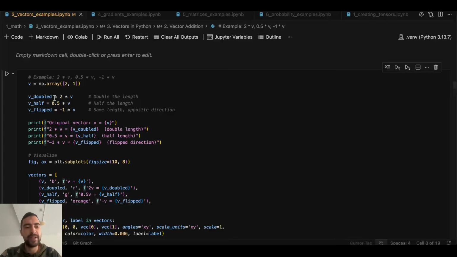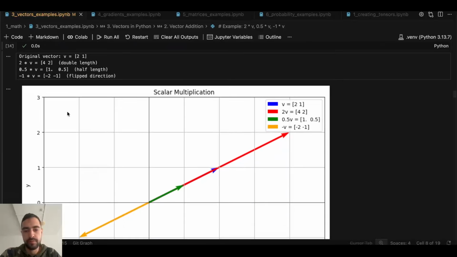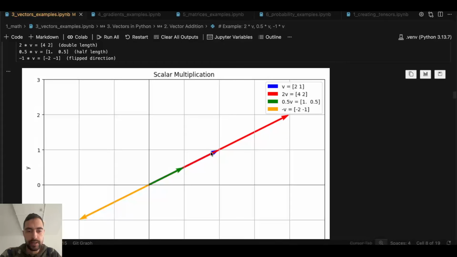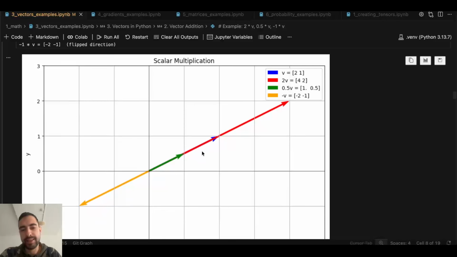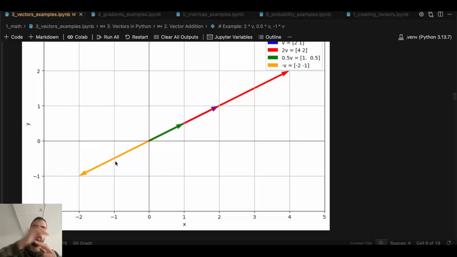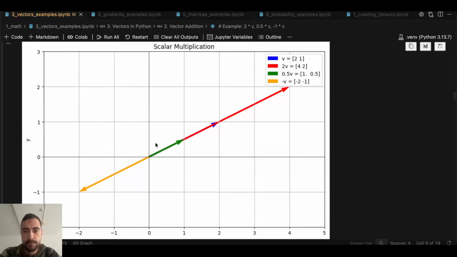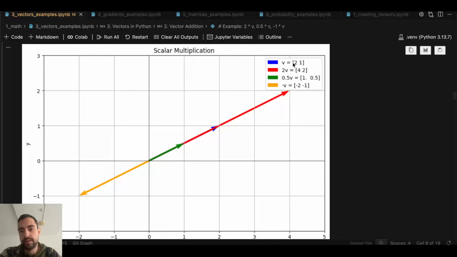Let's see multiplying a vector with a scalar. If we have vector 2, 1, what happens if we say 2 times that vector, 0.5 times that vector, minus 1 times that vector? This blue is our original vector. It goes from 0 to 2, 1. Multiplying with a scalar will stretch or squish or inverse, so make it go in the other direction. 2 times vector 2, 1 will give us vector 4, 2.